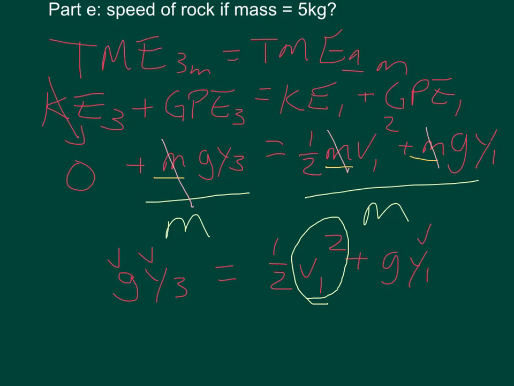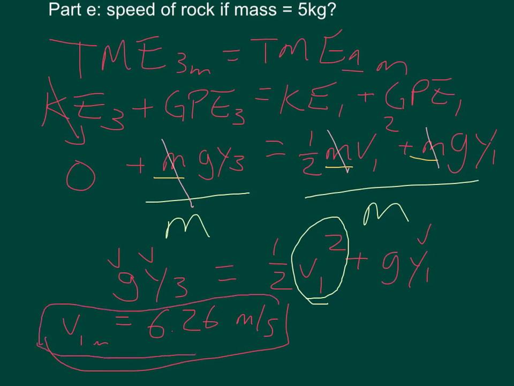So just from that point alone, we can conclude that the speed at the 1 meter point is going to be the same answer as it was in part D, which was 6.26 meters per second. Now, if I lost you here, and you would rather go back and start the problem over with a mass of 5 kilograms, go ahead and do that, and work through it the same way we did.